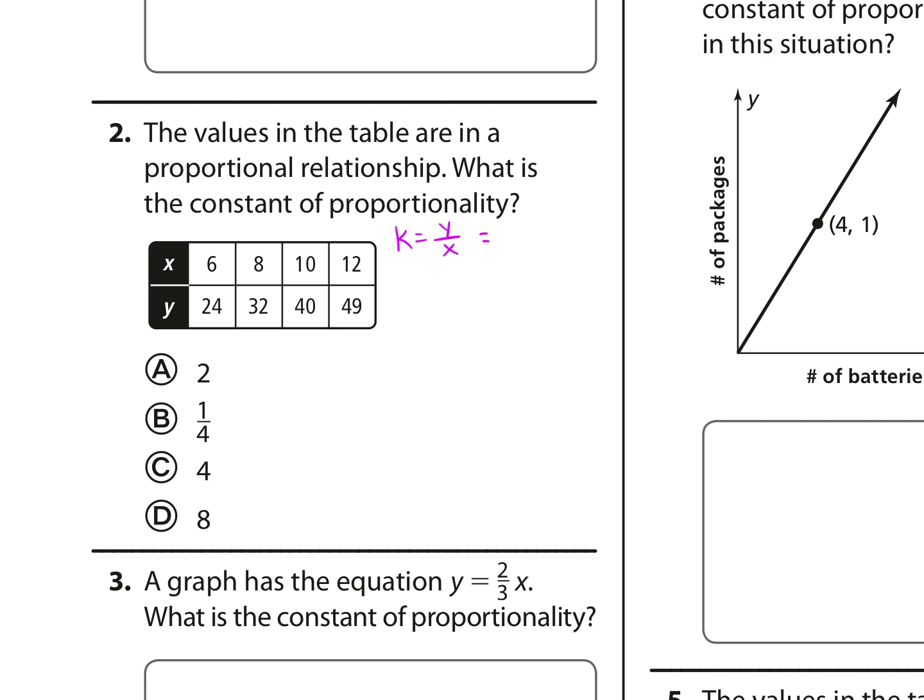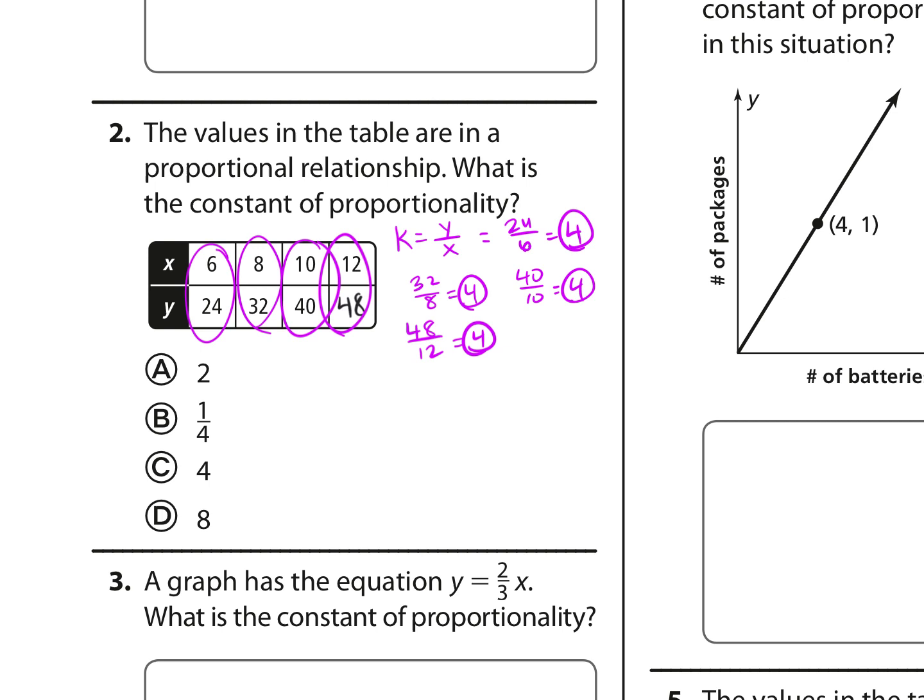We can test every ordered pair and say, okay, 24 divided by 6 is 4. 32 divided by 8 is 4. 40 divided by 10 is 4. At that point, you've done several, and that's enough, but we'll go ahead and say 48 divided by 12 is 4.